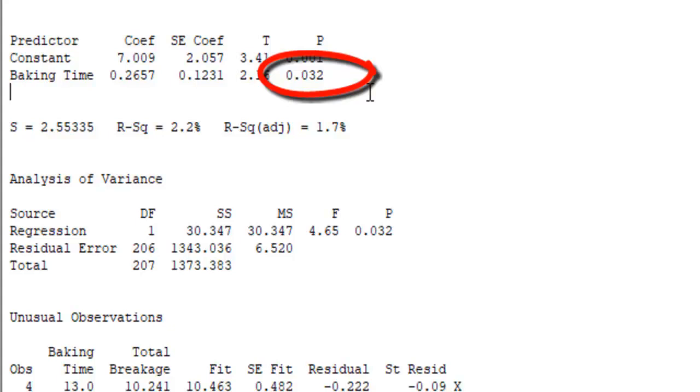Okay. So the first thing when you've done your regression test, the first thing that you should look at is the p-value for the factor, which is 0.032. वो 0.05 से छोटा है, hence we will conclude that alternate hypothesis is true.